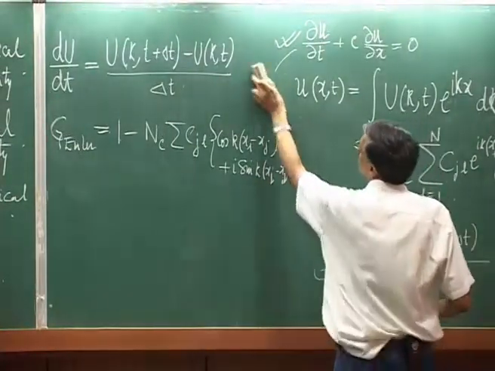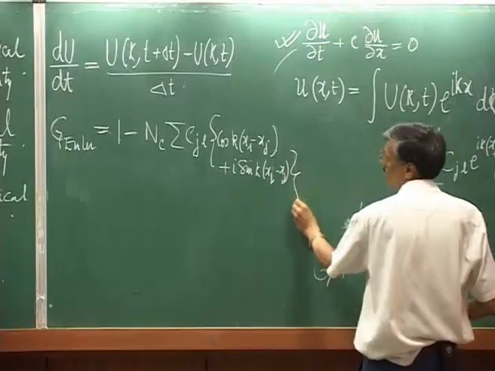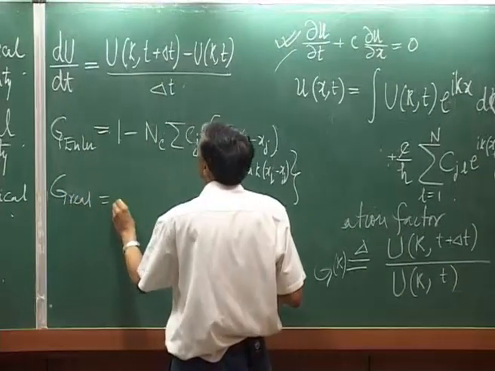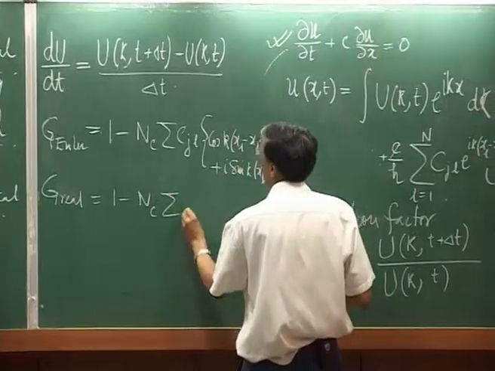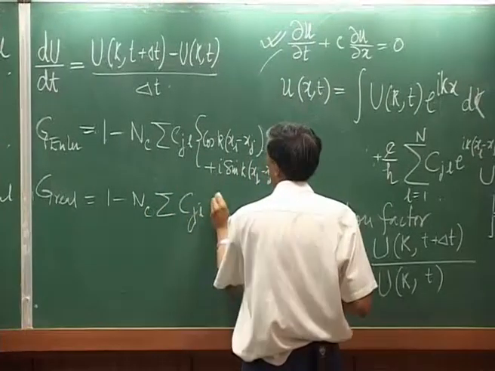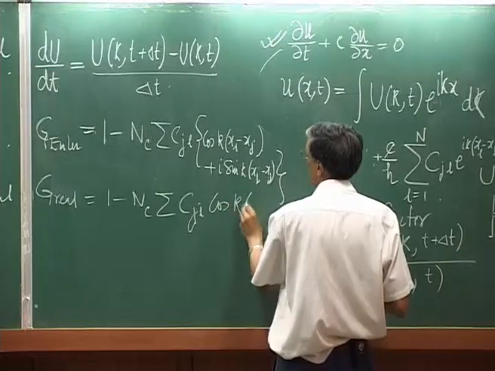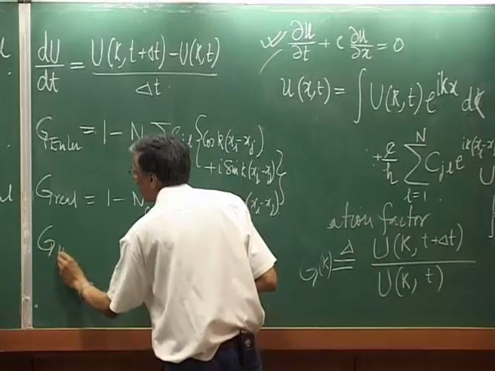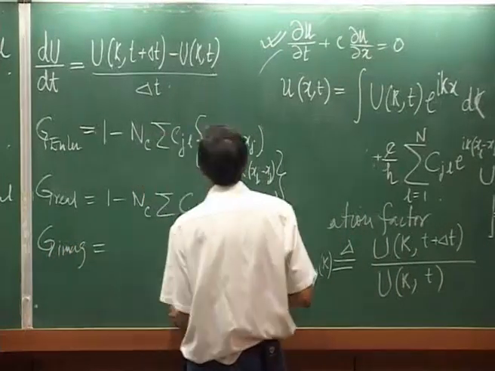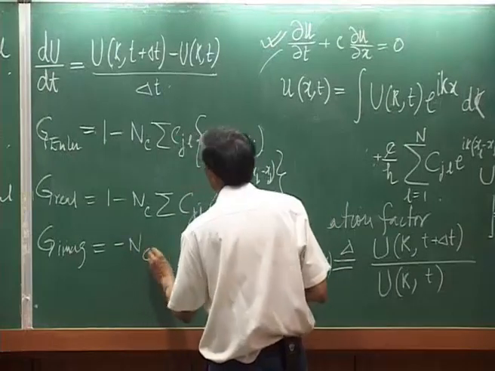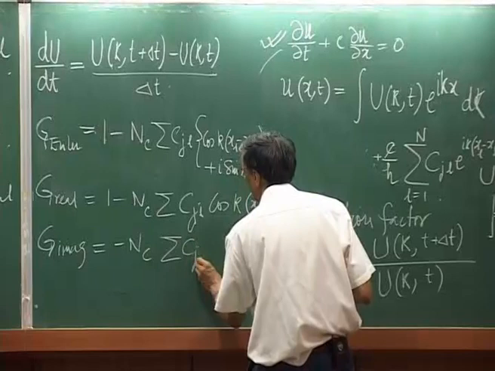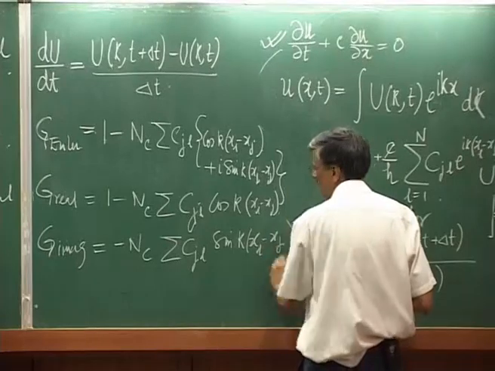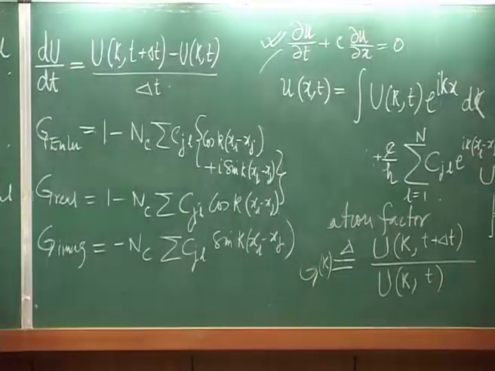Right, you can see this. So, you can see the real part, 1 minus N C, and you have the imaginary part, which will be nothing but... now, can you see what I said?